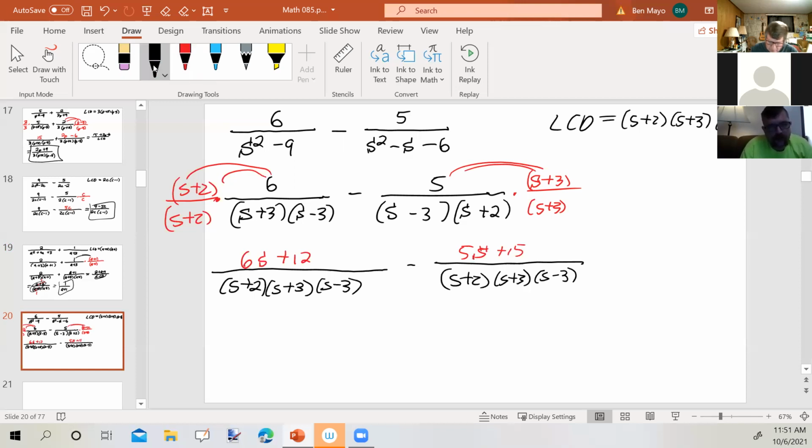Okay. So now I'm going to subtract two fractions with the same common denominator, but I need to be careful. This is that issue we talked about yesterday. I'm subtracting that entire thing.